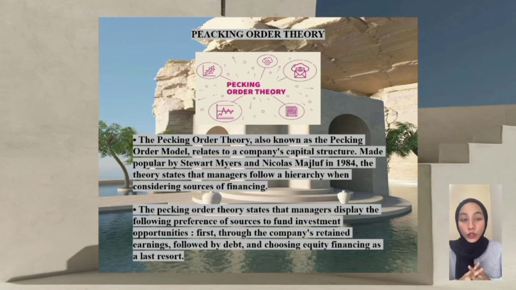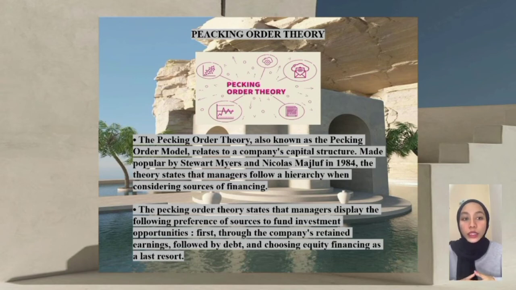The pecking order theory. The pecking order theory, also known as the pecking order model, relates to a company's capital structure made popular by Stewart Myers and Nicholas Majluf in 1984. The theory states that managers follow a hierarchy when considering sources of financing.